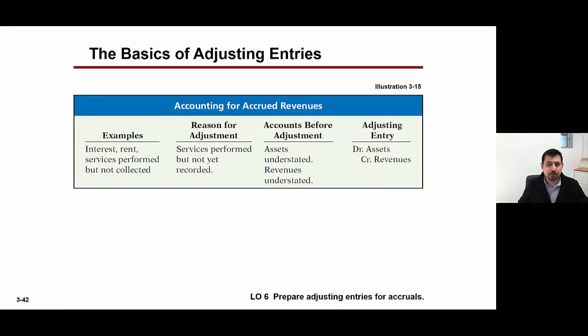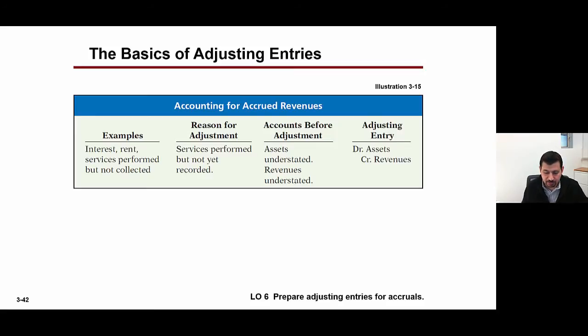As a summary, for accrued revenues, before the adjustments, both assets and revenues were understated because we had not recorded that transaction at all. So the assets and the revenues that the company earned were not recorded. As a result, they were both understated.